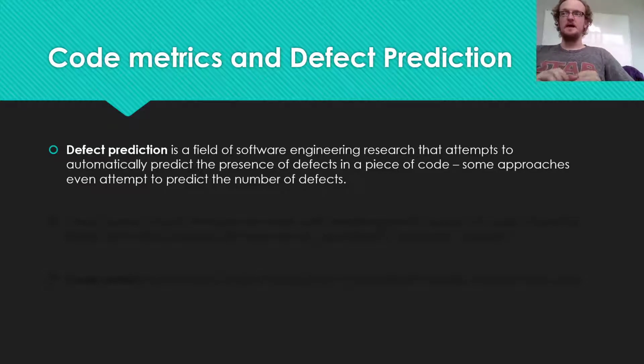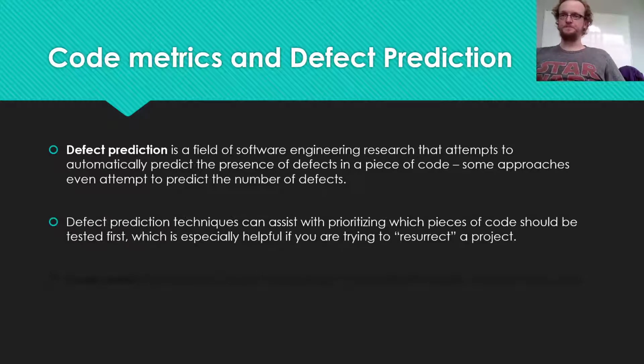So we're going to talk about how code that has more code to it, so longer pieces of code, or code that is more complicated, is likely to be more defective. And so it's very easy to prioritize those pieces of code over simpler pieces of code.